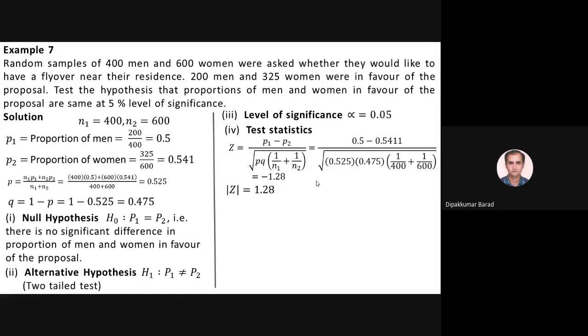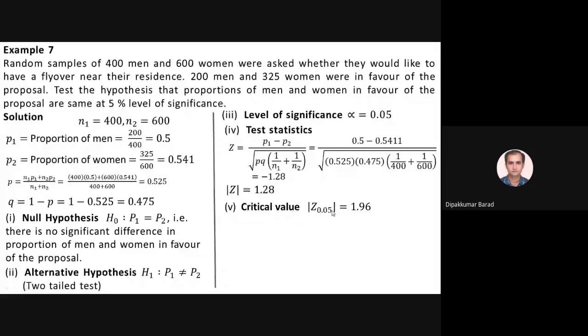Once we get this test statistic, now we need to find the critical value at the 0.05 level of significance. So the absolute value of Z at 0.05, we know, is 1.96. Now we have to compare these two values, mod Z and mod Z at 0.05.